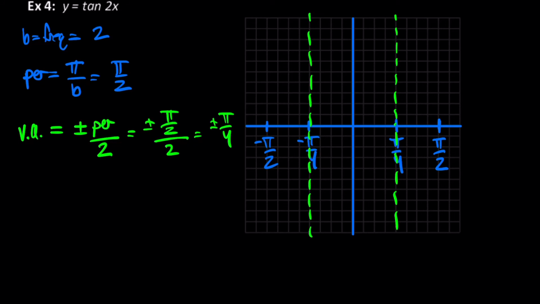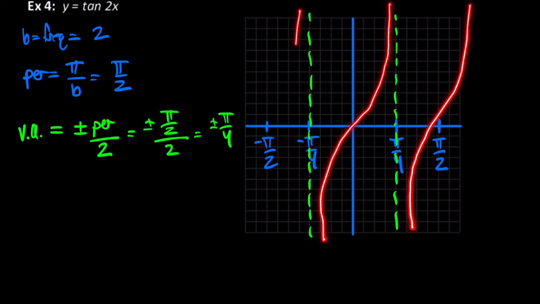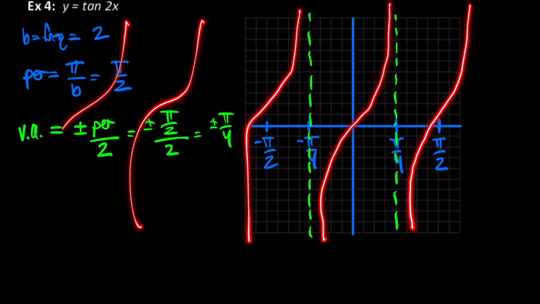To me, that makes it very easy to sketch one cycle of tangent because I know the basic shape of tangent looks something like this. And then that pattern is going to keep repeating over and over and over again.